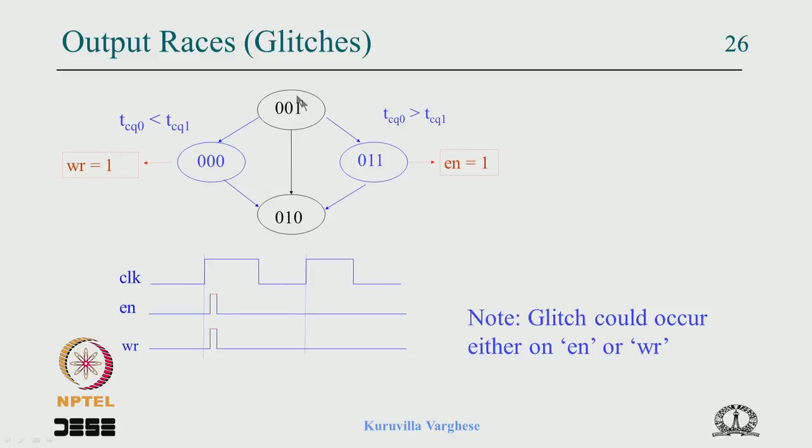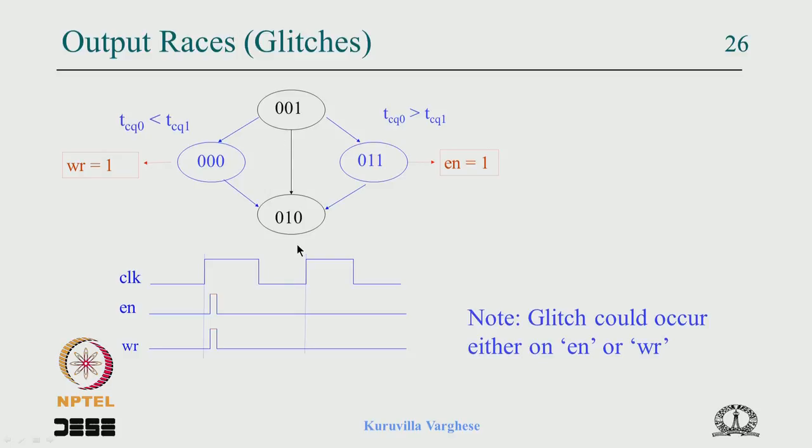Suppose the state assignment was 001 to 011, so Q0 is not changing, only Q1 was changing state. So it shows that if the state transitions can be logically adjacent, or as you say, gray coding, so that when a state transits from one state to another, those states are logically adjacent and change by only 1 bit, then this problem wouldn't arise.